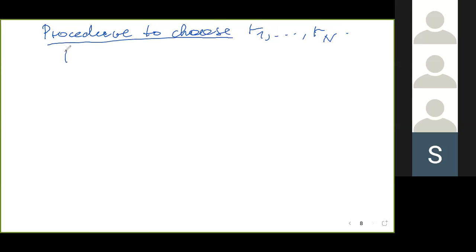We pick at random some k, we will specify k later, vectors of dimension m.